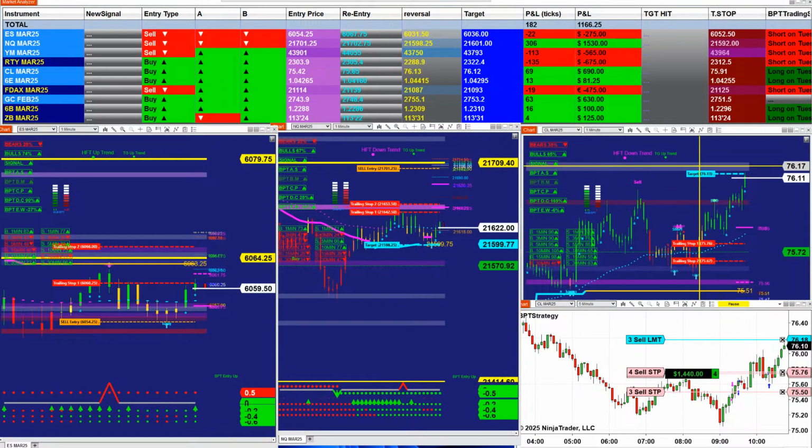We are missing one tick to close that trade on the CL, one tick. I should have put it 717. The fib is 717, but I put it on 718. So we are struggling with one tick to close that position.